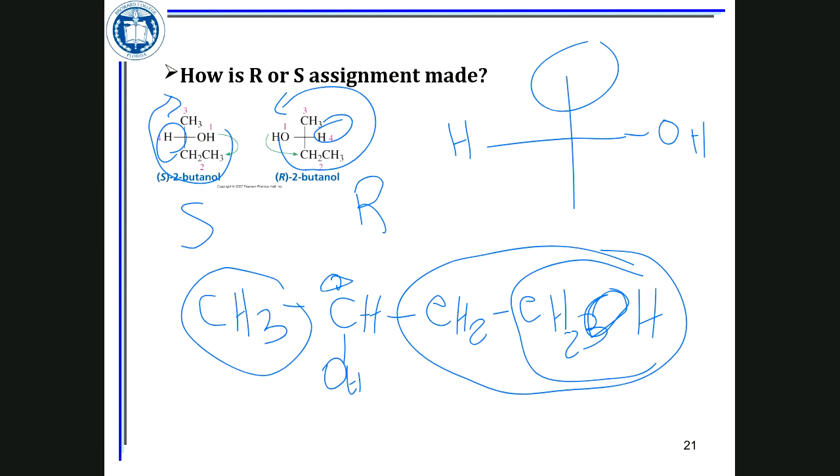It shouldn't make any difference when you have the same, like alkyl groups, both they have same oxidation number. But in this case, you have an element that has higher oxidation number. Your carbon here is going to be more oxidized. And because it's more oxidized, you are going to just place that group, the higher oxidation group, on the top, and the group with the lower oxidation at the bottom.